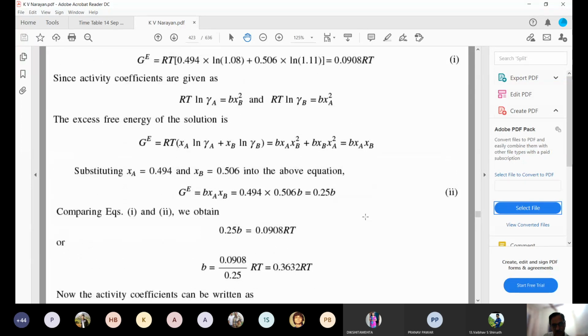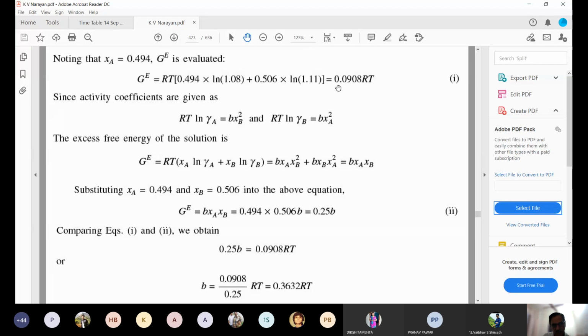We derived two equations for G, right? These are equation 1, G is equal to 0.0908 RT, and G is equal to 0.25 B, and we use both the equations. We used this equation, RT ln gamma is equal to B XB square, here we put it. We used this equation too.